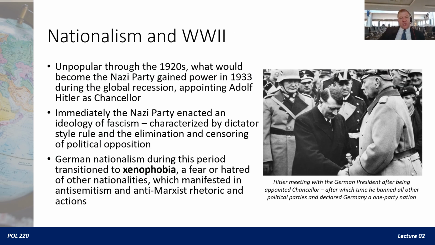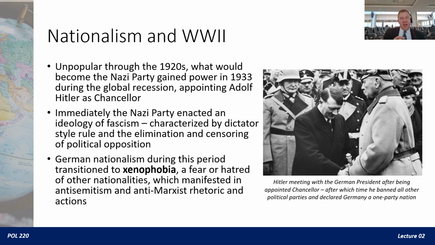So, nationalism again becomes the case in World War II as it did in World War I. I mentioned the Nazi Party was pretty unpopular through the 1920s, but then the Nazis ended up gaining power in 1933 during this global recession, and they appointed Adolf Hitler as their chancellor.